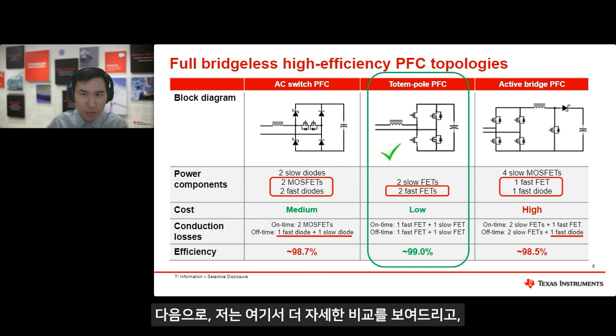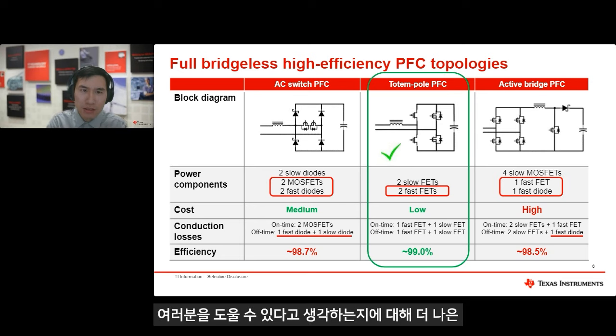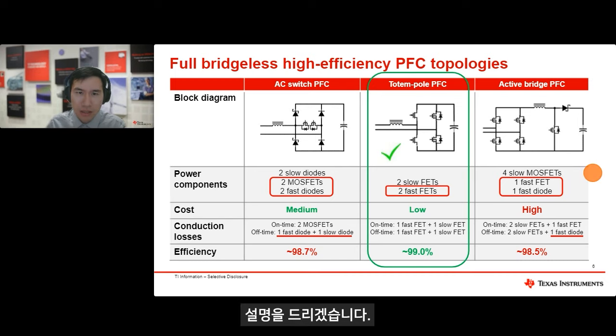Next, I am going to show a more detailed comparison and give you a better expression of why we think GaN plus totem-pole PFC can help you on the PFC stage.